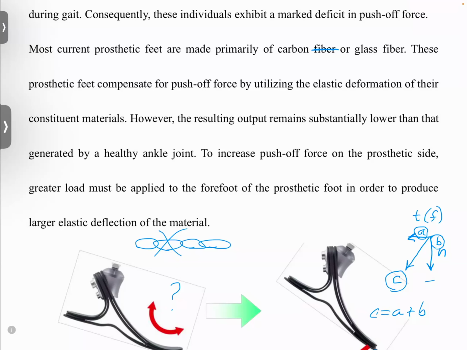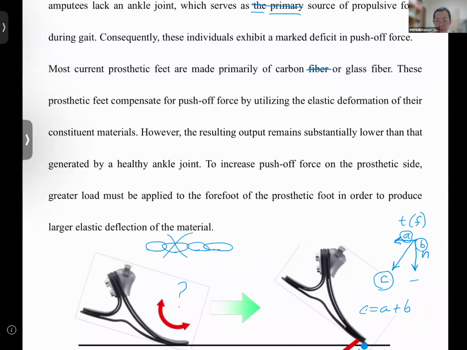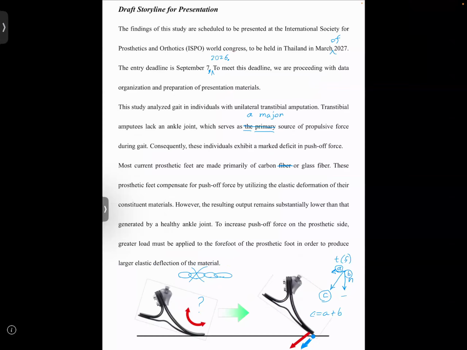Do you have a question on this page? No. Okay. English is difficult. Yes.